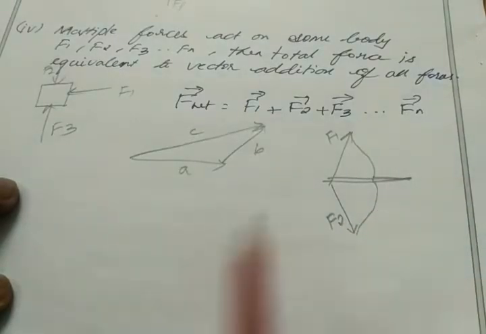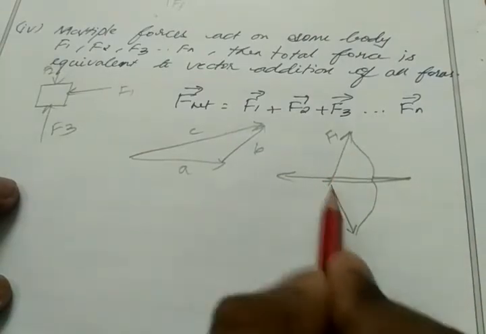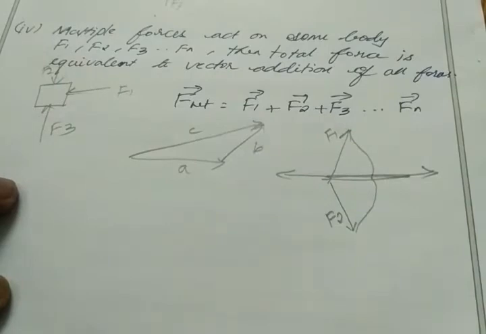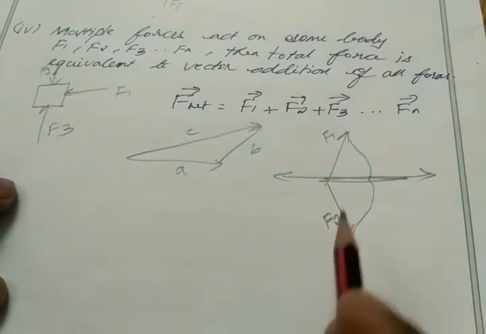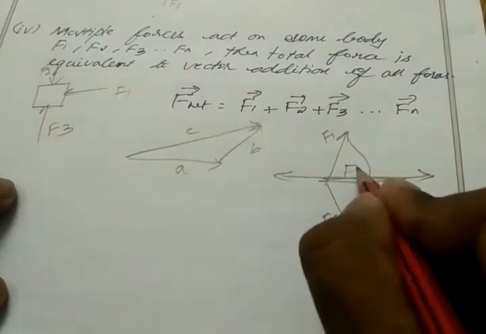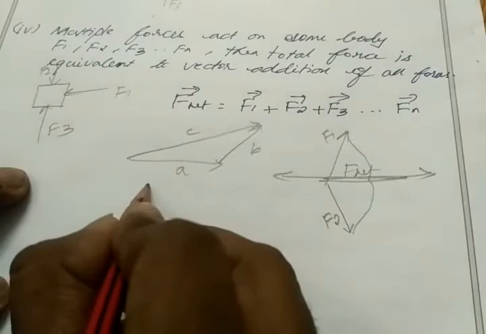If we pull this, tension force acts on these two strings and a net force acts on the arrow. Because of that net force, the arrow moves forward. Here our F net we can draw like a triangle.